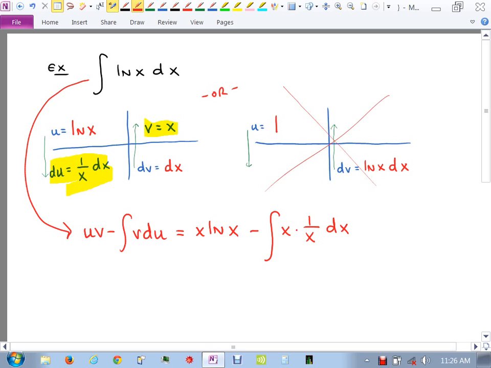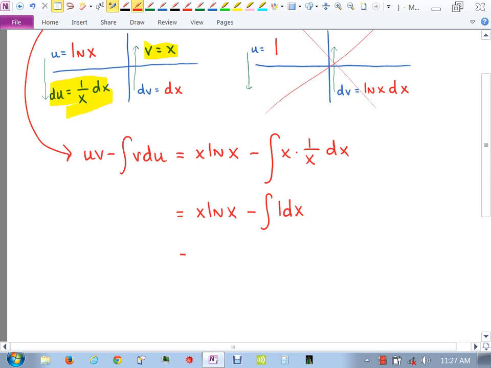I just want everyone to see that's the v du. This is x ln x minus the integral of 1 dx, right? And the antiderivative of 1 with respect to x is x plus a c.